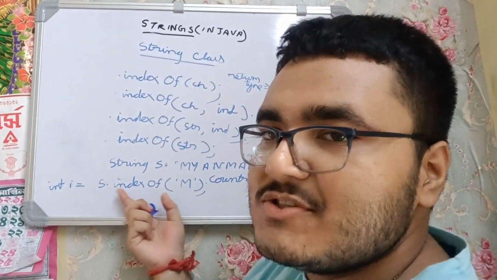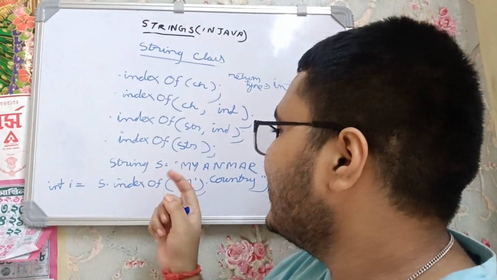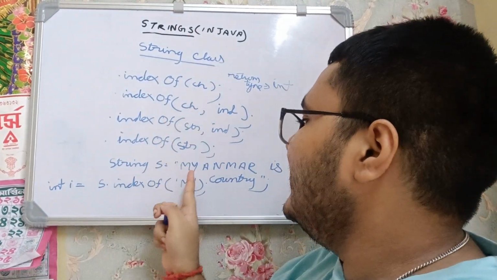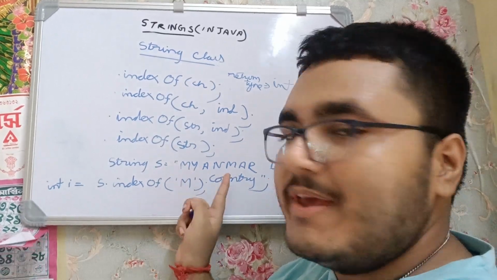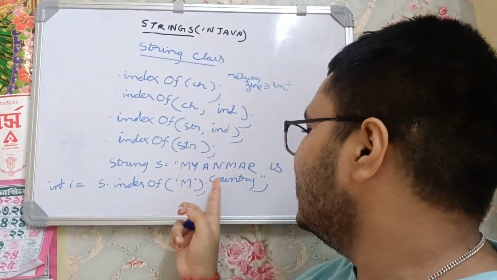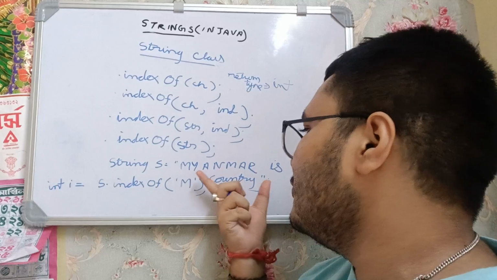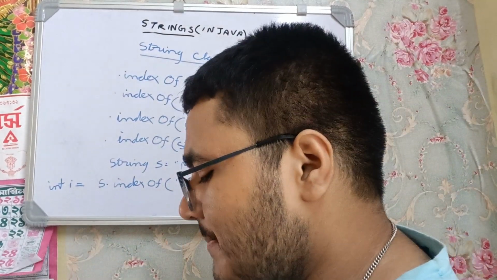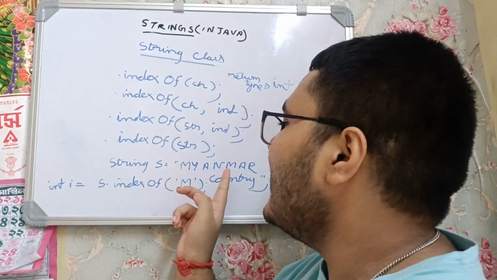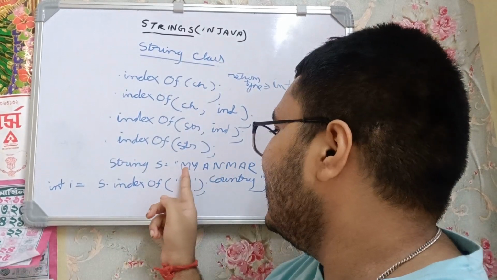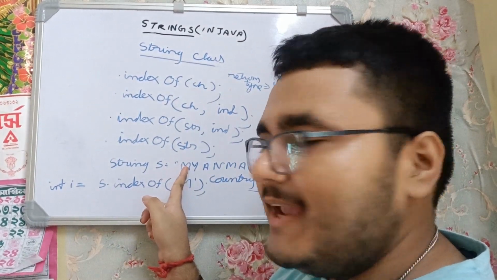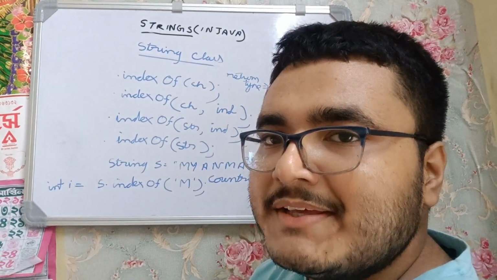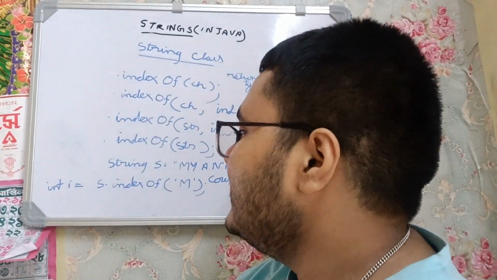So as you can see, there are two m's in Myanmar throughout the sentence. So the index of the first appearing m will be returned to i.